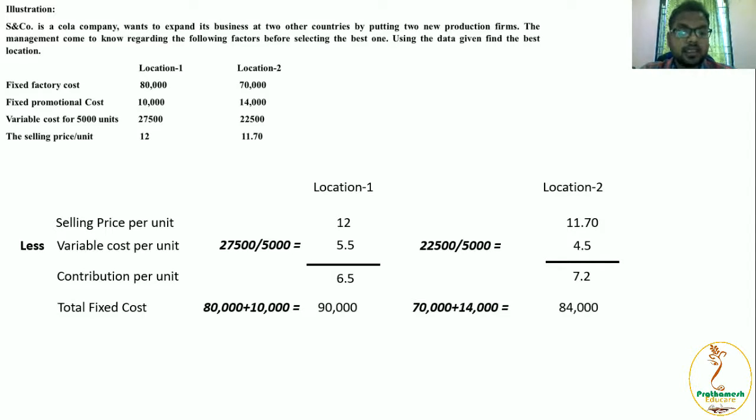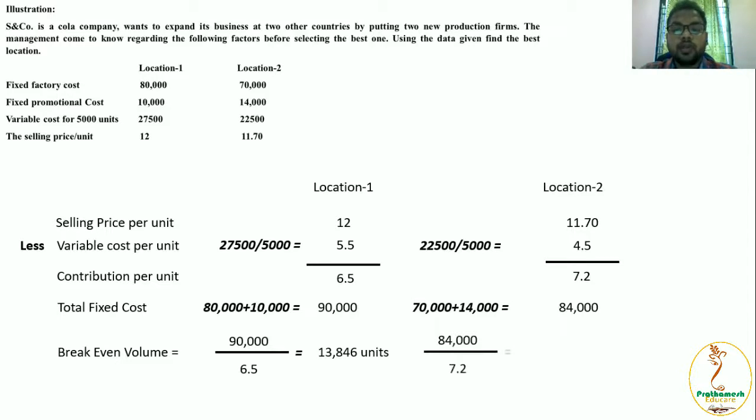So now it is very easy to calculate the break-even point: fixed cost divided by the contribution per unit. Now we get the volume we need to sell to reach the break-even point, that is 13,846 units. And in the case of location 2, it will be 11,667 units.